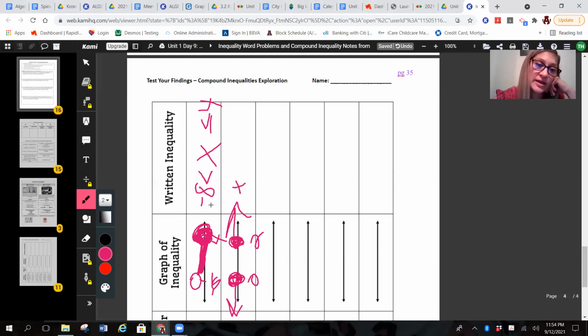First of all, x could be less than or equal to 0, or it could be greater than or equal to 2. And you have to write the word or when you write the inequality for an or. For an and, you don't see the word and. They're just all connected together because ands stick together.